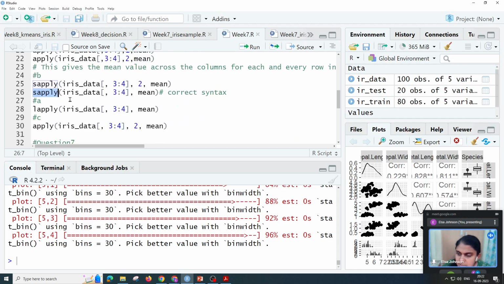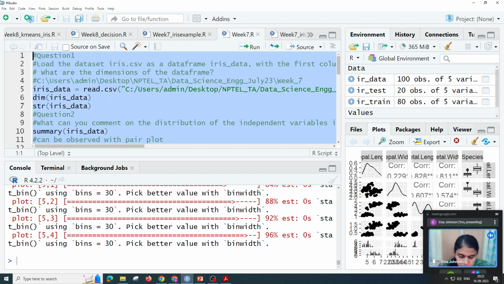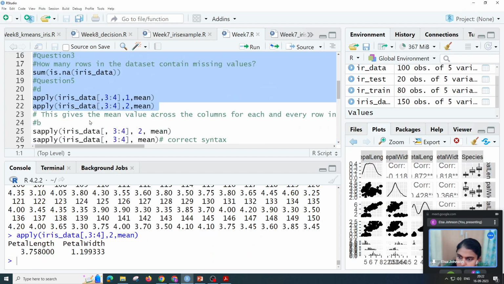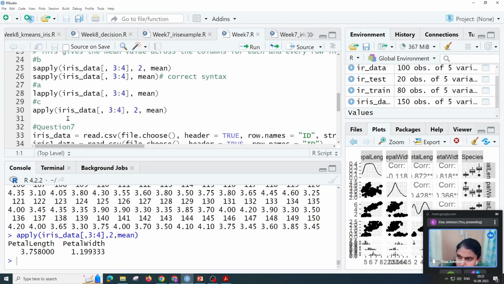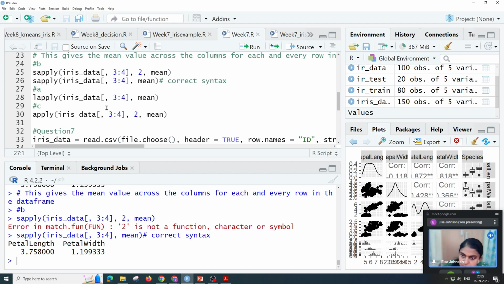You can check the earlier video also, or I'll just run it and show you. If I run this sapply, the error "2 is not a function, character or symbol" will come. The correct syntax avoids that instruction, the 2, so you'll get an answer.